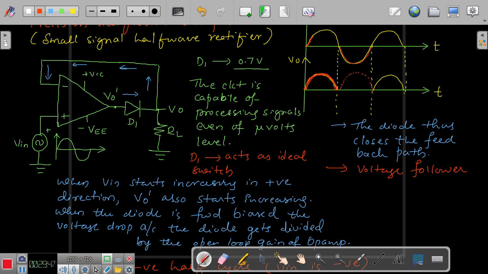Even though we say like this, there are certain important conditions to be fulfilled here, because the diode has to continuously switch in and switch out, because these cycles depend upon the input frequency. Whatever the input signal we are having there depends upon the input frequency. Very quickly it will go to the positive side, then again it will come back to the negative side.